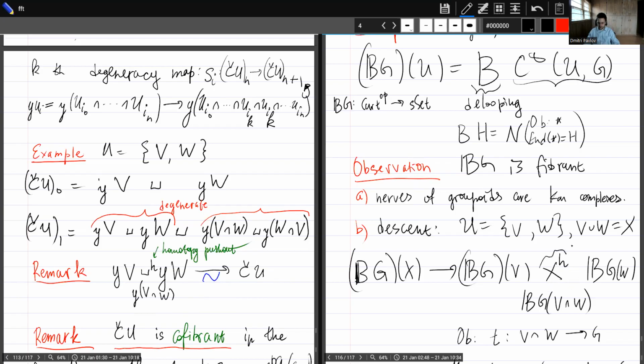So this is just a homotopy pullback of a diagram where you map individual terms in the homotopy pushout to the simplicial presheaf BG, and mapping a representable, like here, representable of V, representable of W, simply amounts to evaluating BG on V or W or their intersection.